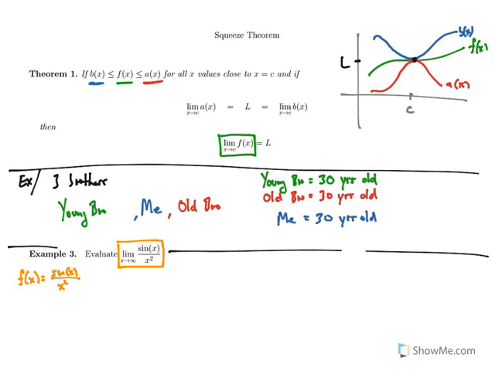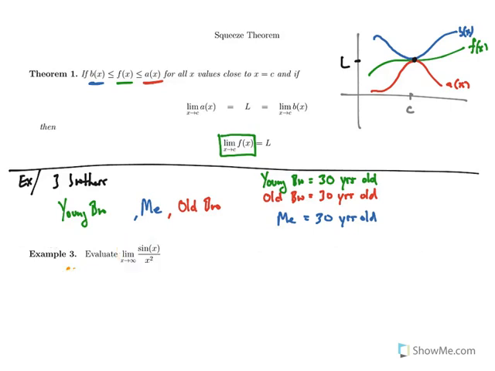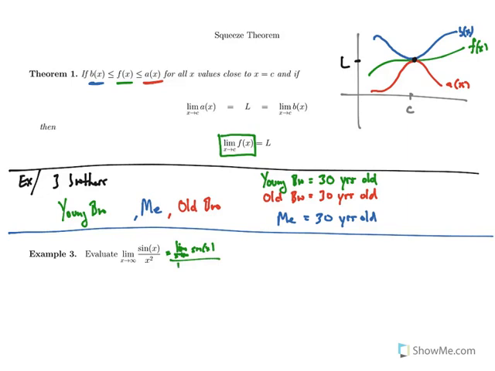All right, let's look at this with functions now. This sine of x over x squared. Note that if I plug in infinity here, this is equal to the limit as x approaches infinity of sine over the limit as x approaches infinity of x squared.